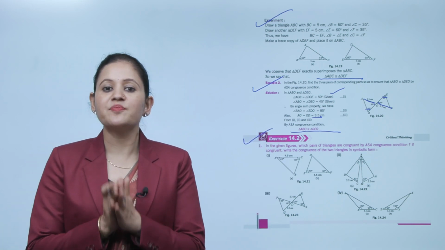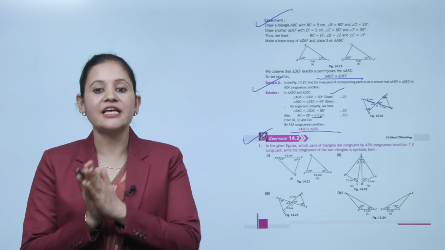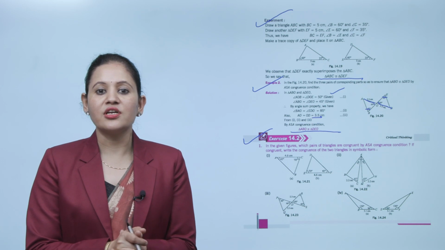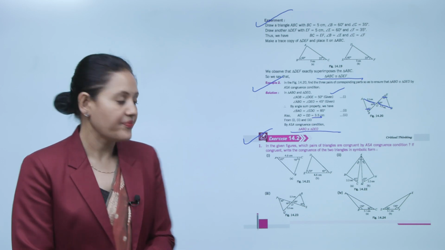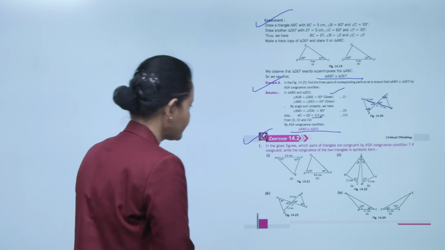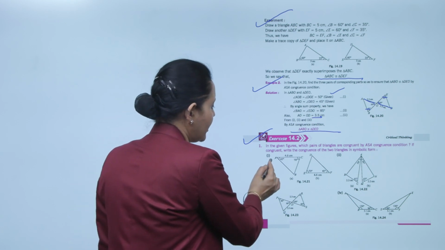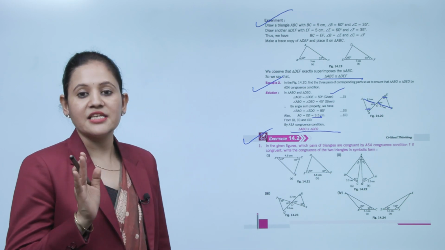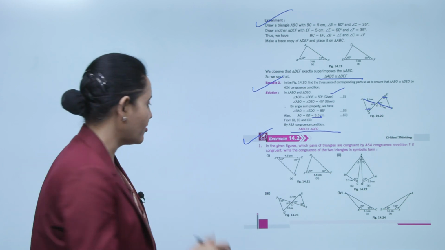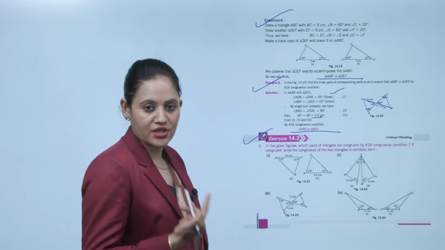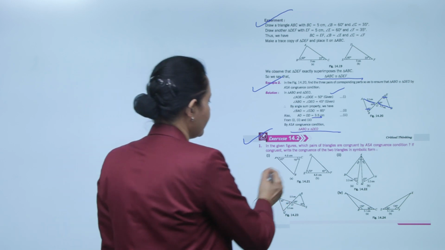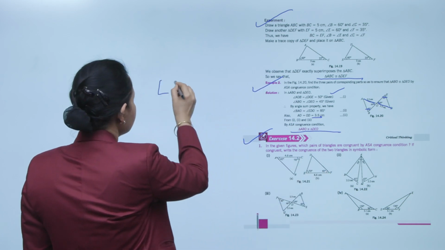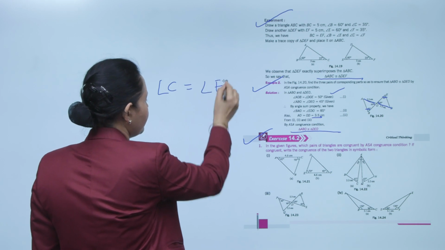Next is exercise 14.2. In the given figure, which pair of triangles are congruent by the ASA congruence condition? If congruent, write the congruence of the two triangles in symbol form. In the first one, angle A is 45 degrees, F is 45 degrees. ASA means angle, side, angle congruency: two angles and the included side should be equal. And here angle C equals angle E. Clear?